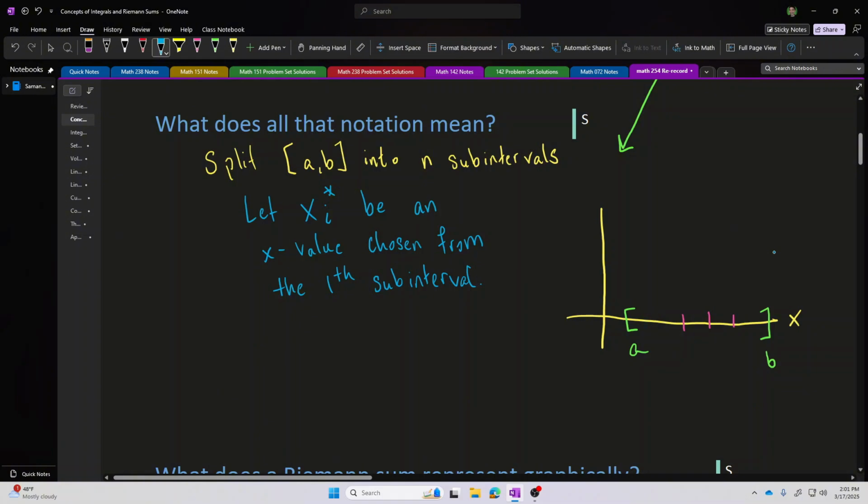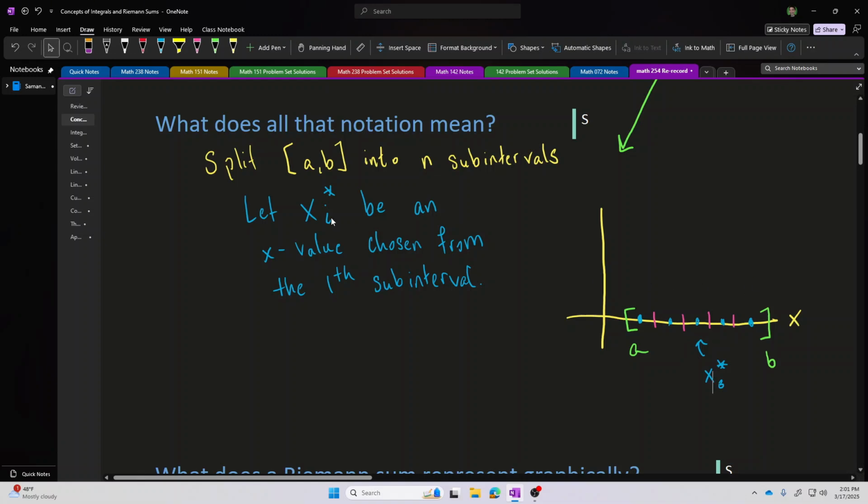So this one, this one, this one, this one, this one. That would be an alternative choice of the 5 values of xi star on each of the 5 subintervals. Or you could just as easily choose the x value in the center, x1 star, x2 star, x3 star, x4 star, and x5 star. These would be examples of x values that I've chosen out of these respective 5 subintervals.